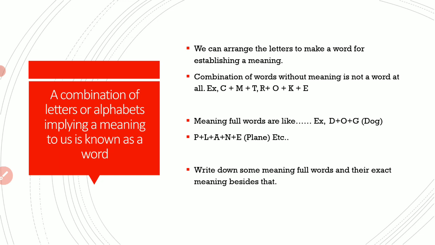When you combine the letters D, O, G, that gives you a correct meaning. If you combine the letters O, D, G, then no, that cannot give you a correct meaning, because that has not been used, or doesn't convey any meaning in the society. In a similar way, we have words like plane. This is how we combine letters to make a meaningful word.